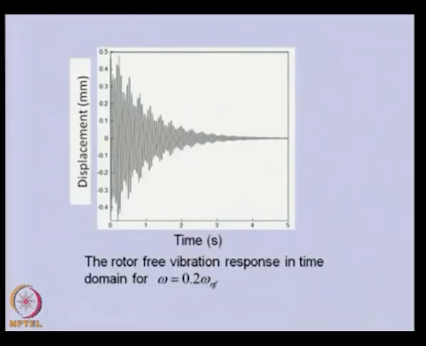We can use any numerical integration method, and this is the displacement with time when we are considering the speed equal to 0.2 of the natural frequency of the system. Because there is no excitation in the system, we have given some initial condition, so that once we disturb the system, we will see that it stabilizes after some time.